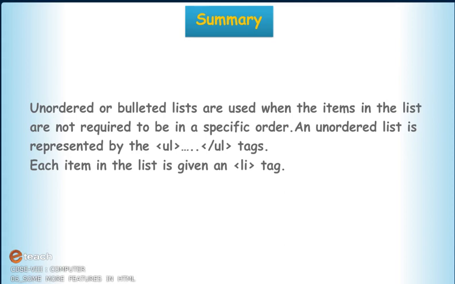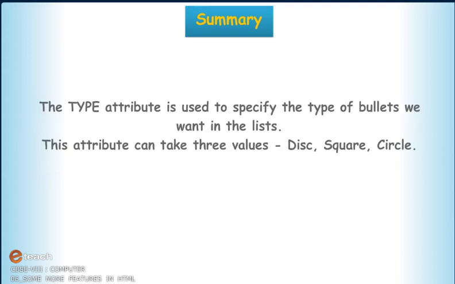An unordered list is represented by the UL tag or UL close tag. Each item in the list is given an LI tag. The type attribute is used to specify the type of bullets we want in the lists. This attribute can take 3 values: disk, square, circle.